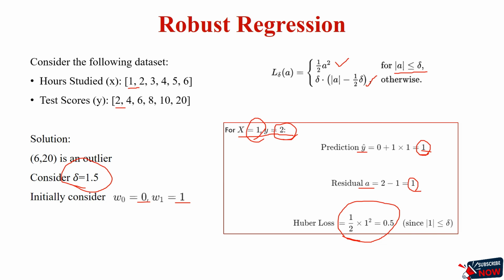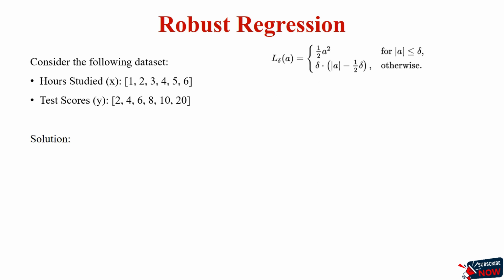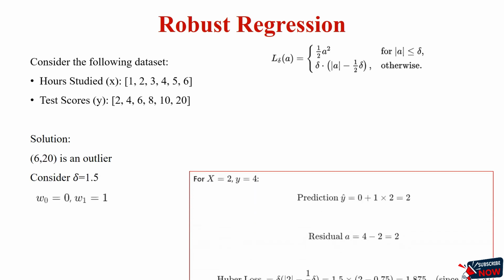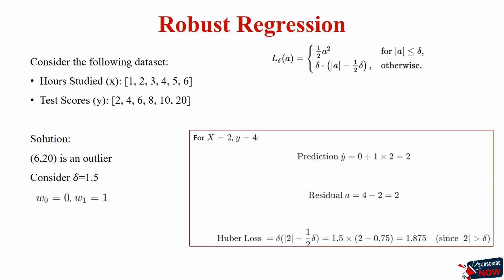The next data point is (2, 4). Now for the next data point, (2, 4), in the similar way, find out y cap and residual a. In this case, the value of a is greater than the threshold.